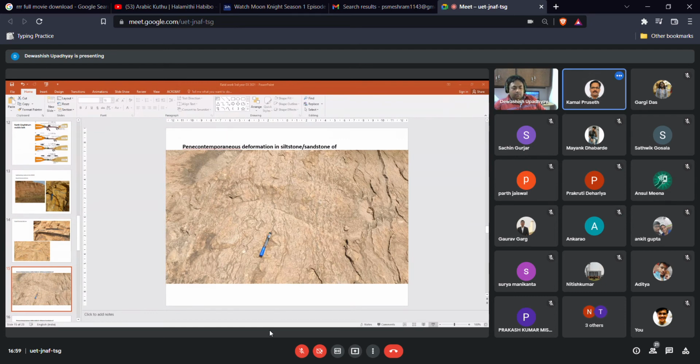If all the layers are similarly folded, and all the deformation bands are parallel to each other, then you can say these are folded rocks.